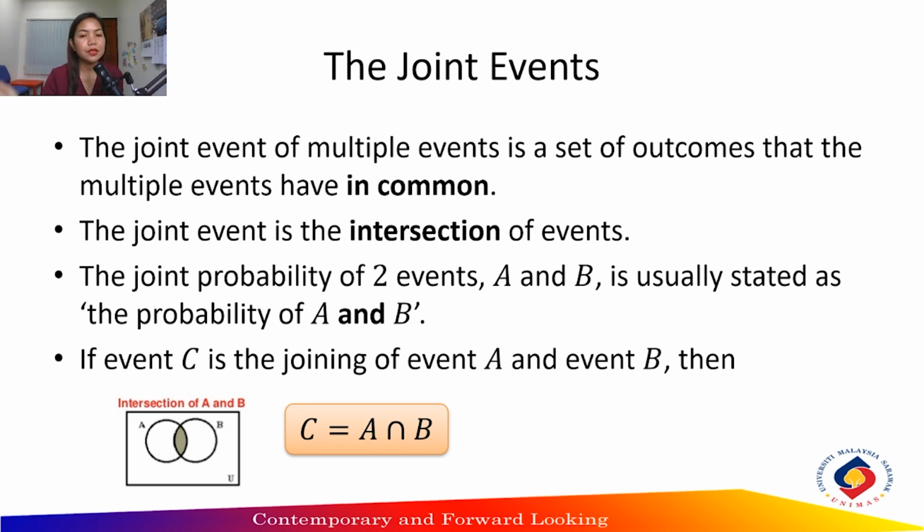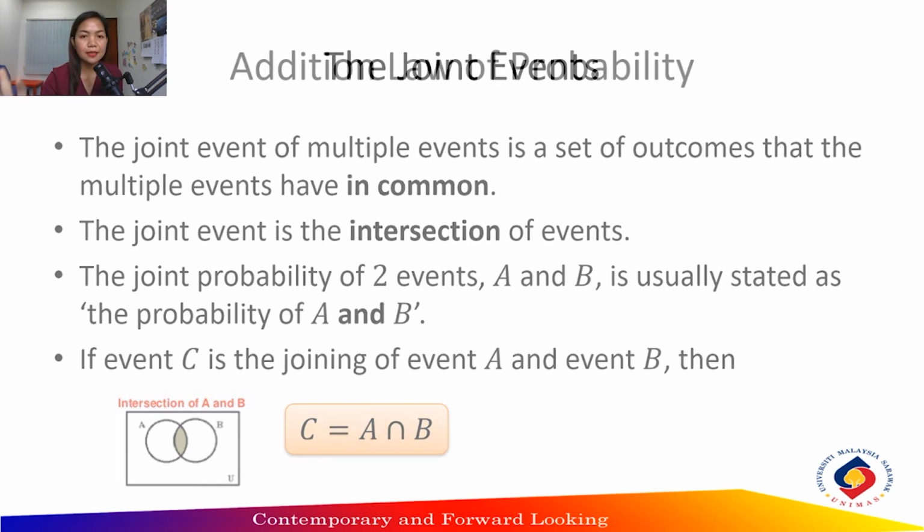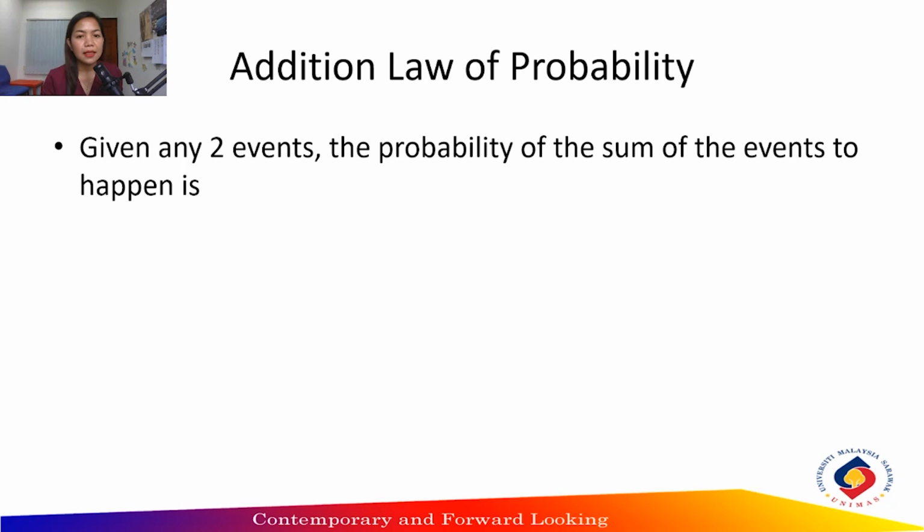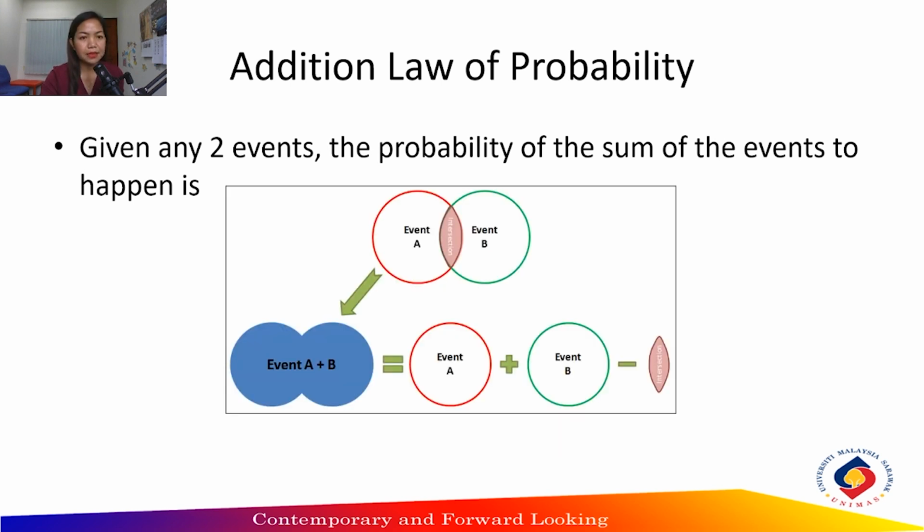Done with the union event and the joint events, let's talk about the probability of the sum of the events, or the addition law of probability. If we have two events, the probability of the sum of these two events to happen is this, as in the diagram.